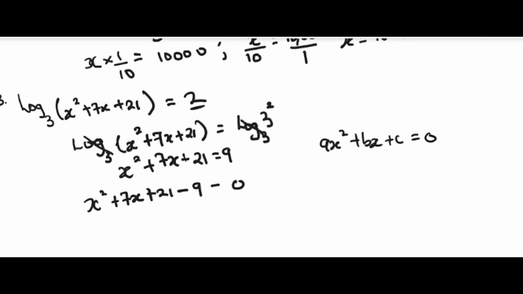So if I remove 9 from 21, what do I have left? I have 12, right? Okay. So can I factorize? 3 times 4, 12. Okay. 3 plus 4, 7.